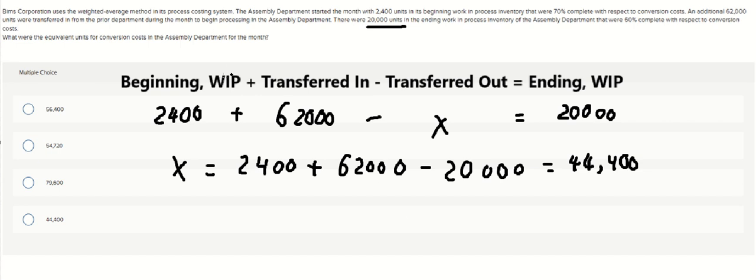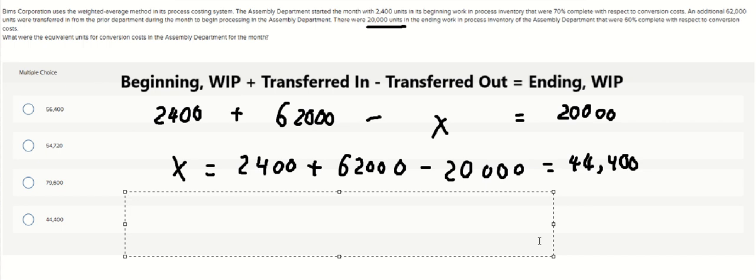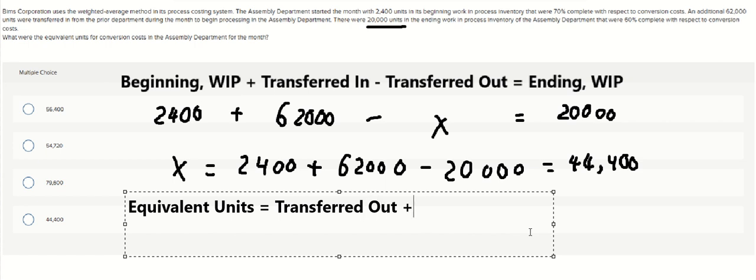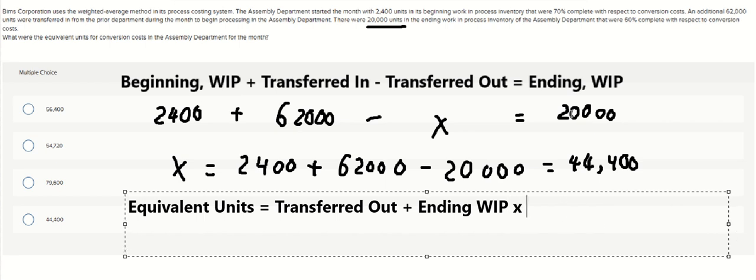And the next one, that is about equivalent units. That is about transfer out plus ending work in process multiplied by the percentage of completion in here.